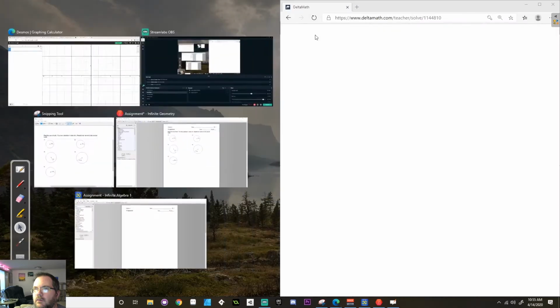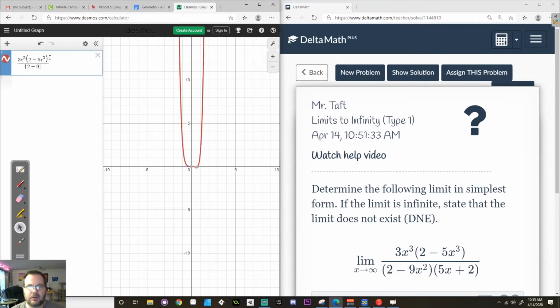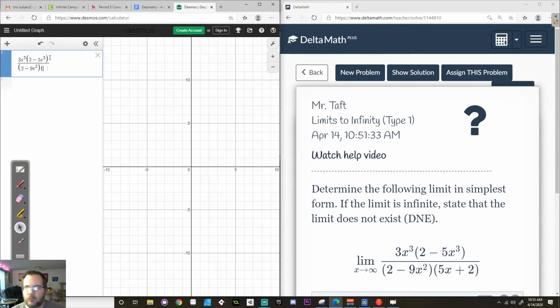Let's do that. Better. All right, now entering this in, I'm going to enter it as 3 third times this, divided by, squared, parentheses.